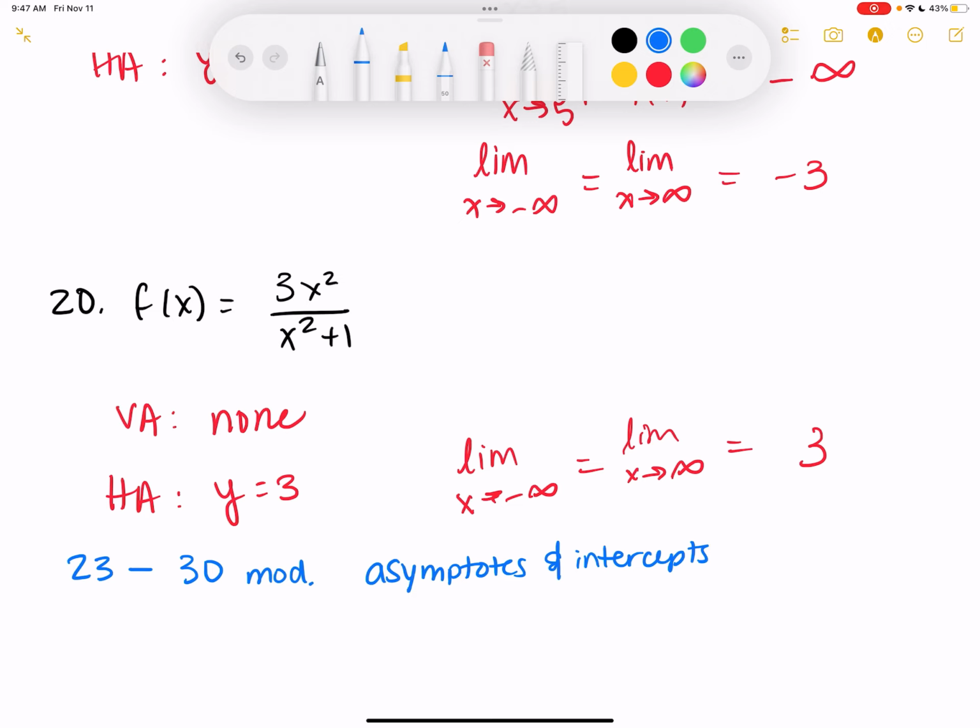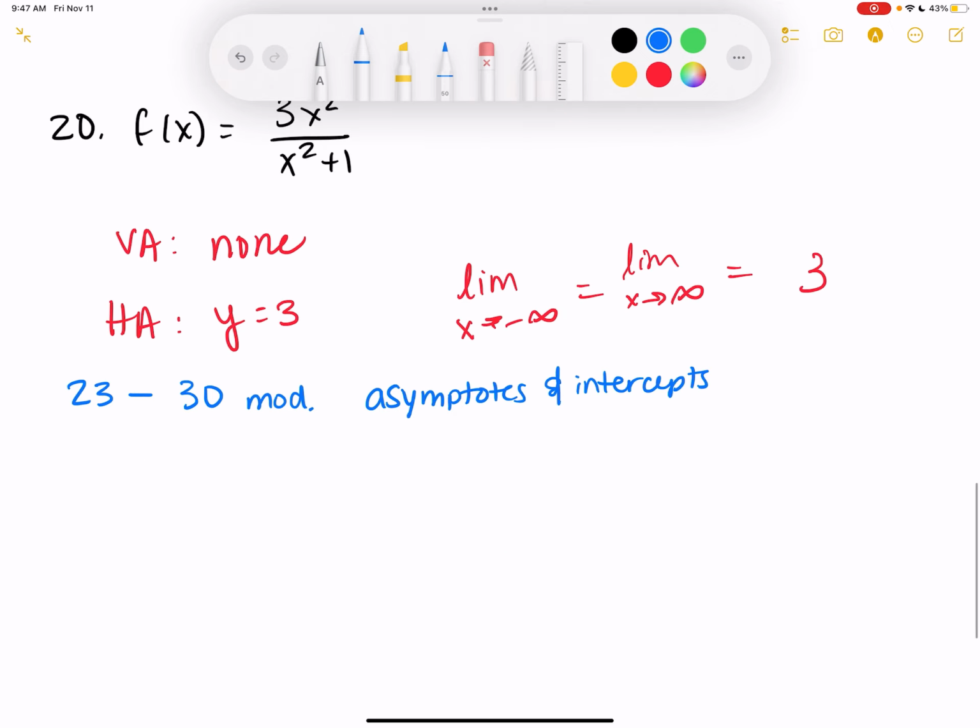Intercepts, you're just setting the opposite variable equal to 0 and solving. I think you know that probably. Let's do 24. g of x, mixing it up, equals x plus 2 over x squared plus 2x minus 3.